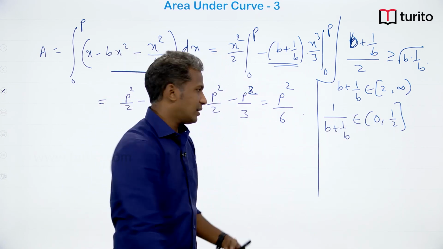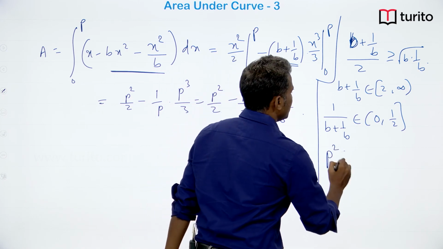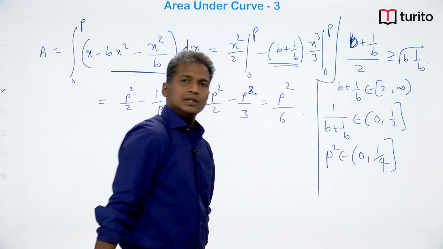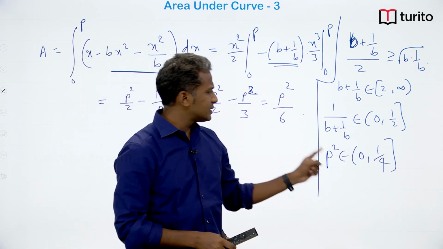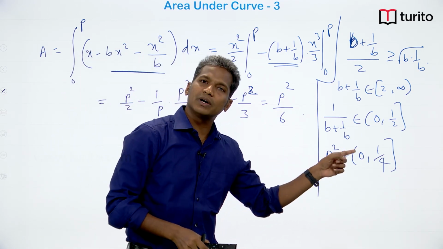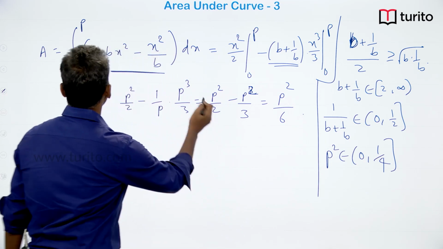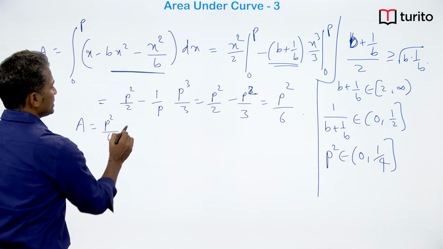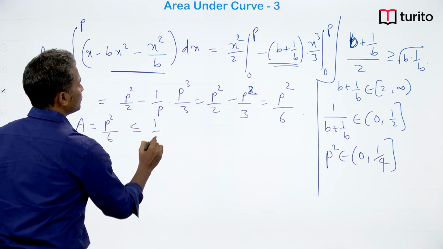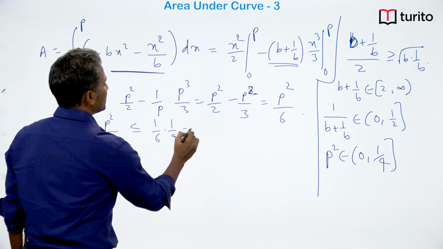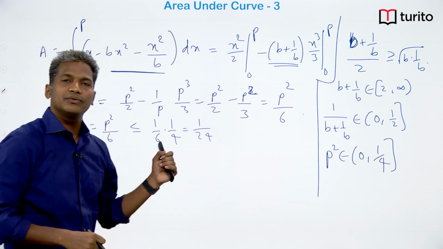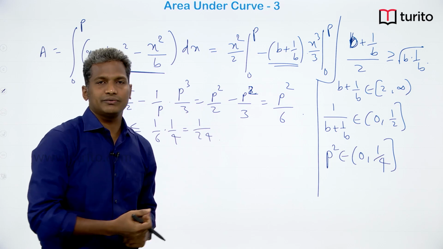What about p square? p square will be belonging to (0, 1 by 4]. So here we notice that the maximum value of p square is 1 by 4. So that means area which is p square by 6 is definitely less than or equal to 1 by 6 into 1 by 4, which is 1 by 24. So the maximum value of area is 1 by 24.